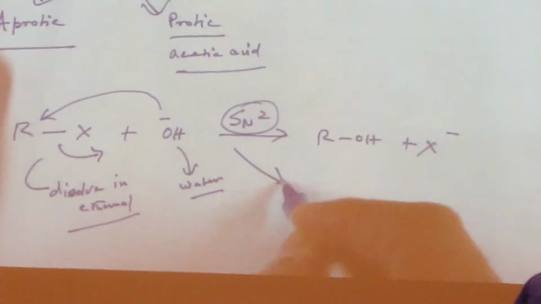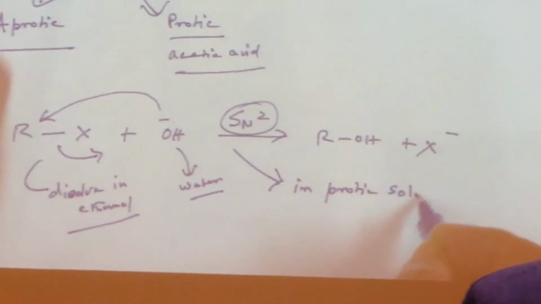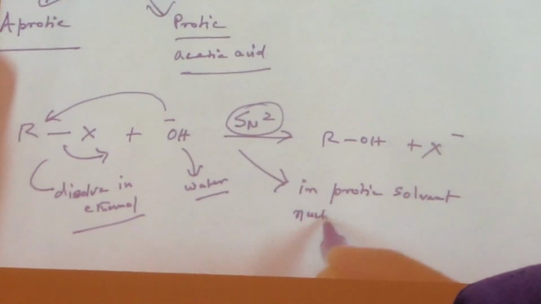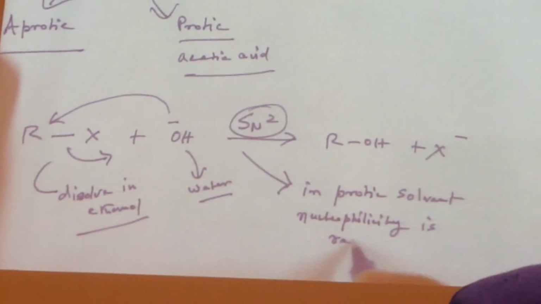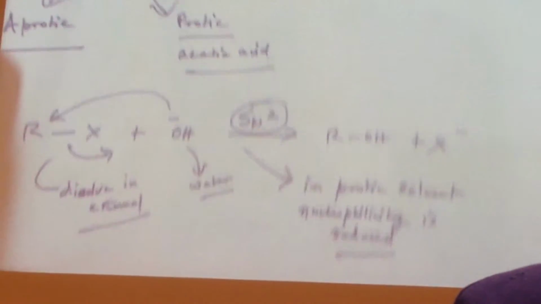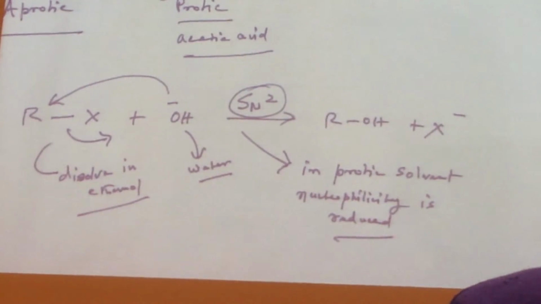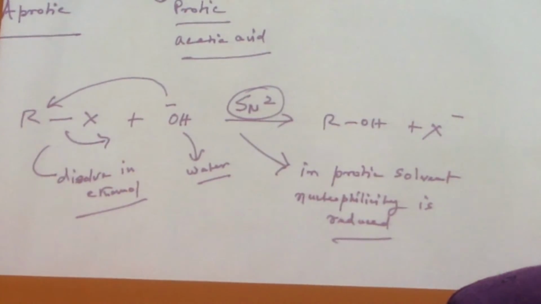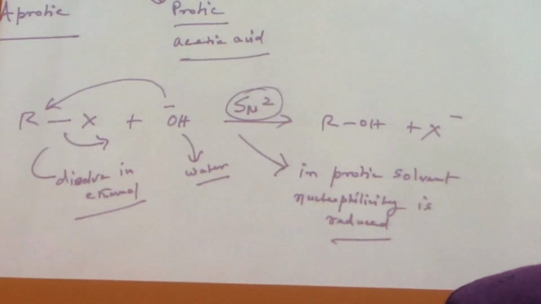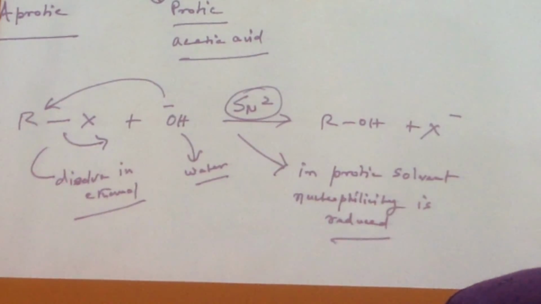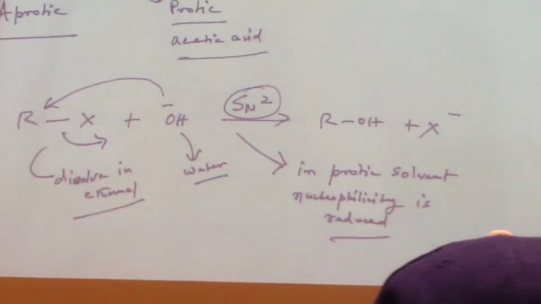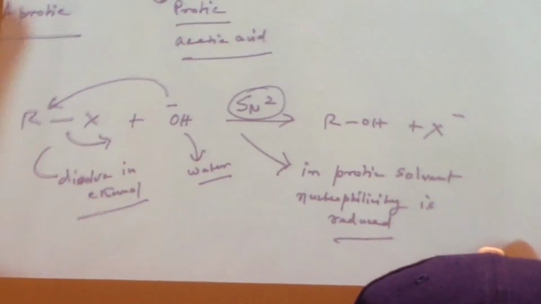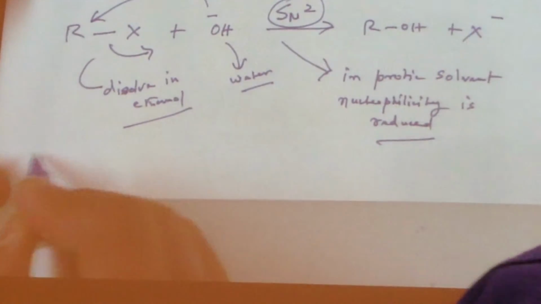So in a protic solvent, the nucleophilicity of the anion, or whichever the attacking species, is reduced. And therefore, you don't want that. That will reduce the rate of the reaction as well.